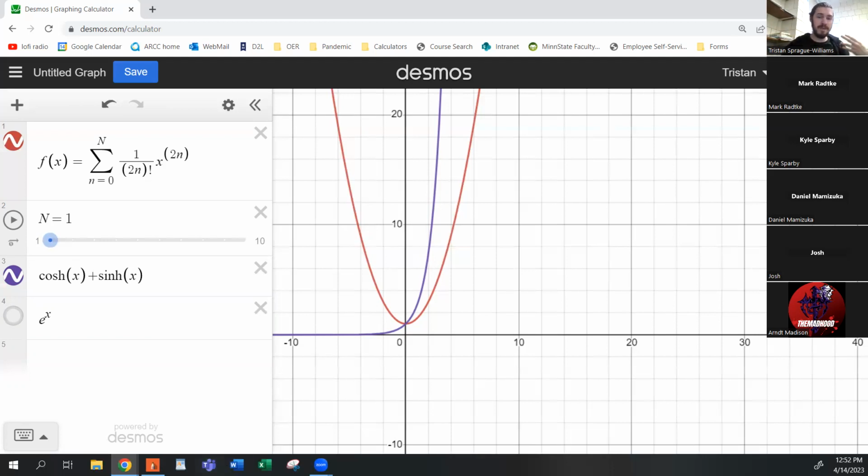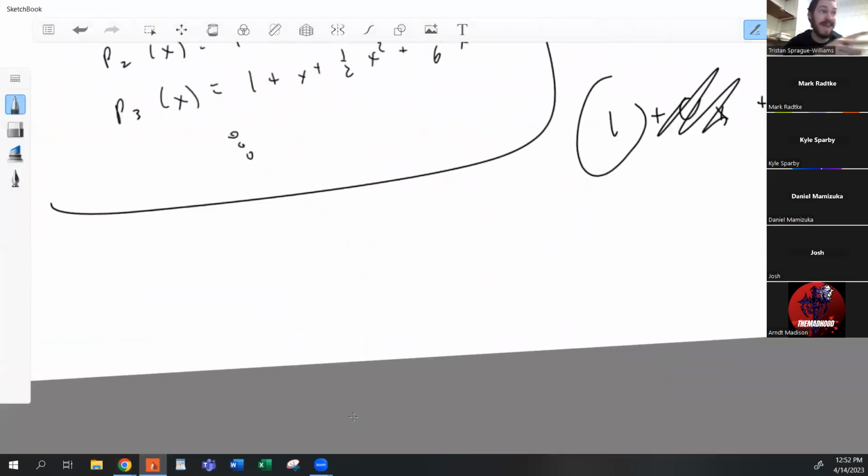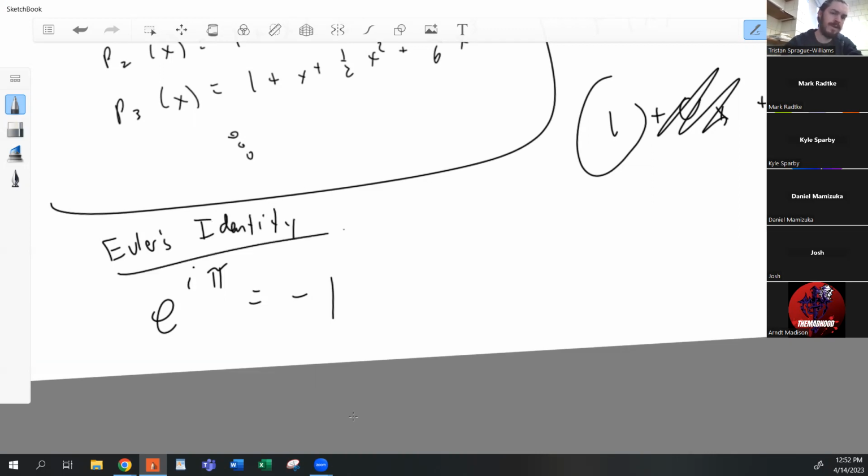And it's the same kind of proof, by the way, that can be used. That exact same approach is what you can use to show this famous identity. You guys know this identity? Euler's identity, I think it's called. See this one, e to the i pi equals negative 1. That exact same concept of adding together Taylor series can be used to prove that.